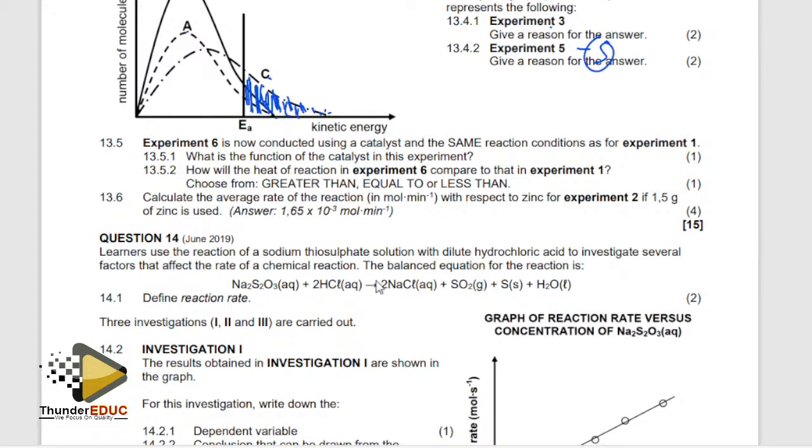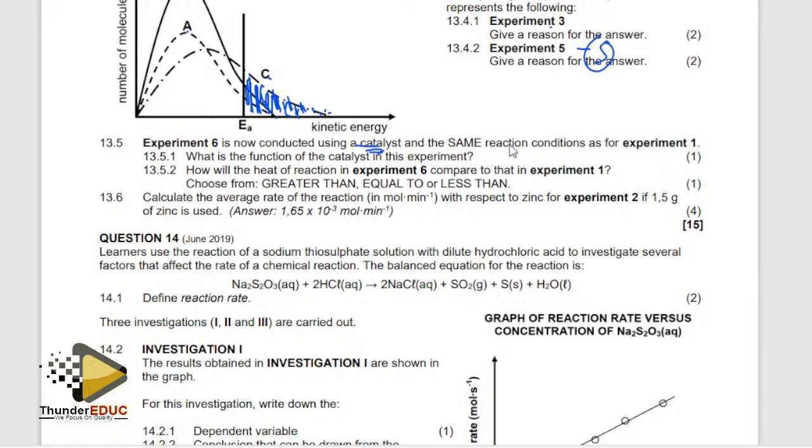Now you go to the next question. What are they saying? What is the function? Experiment 6 is now conducted using the catalyst. Catalyst, remember, it speeds up the rate of reaction. Yes, it speeds up the rate of what? Reaction. So they are saying the same condition as for experiment 1. What is the function of a catalyst?